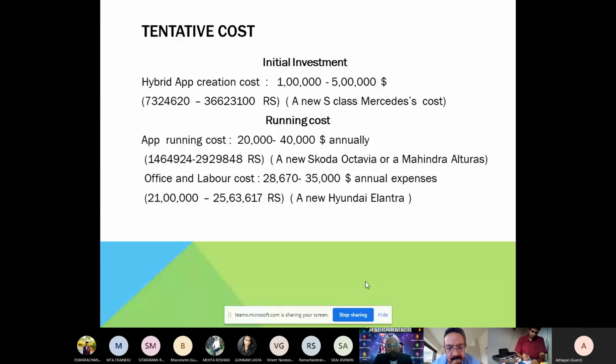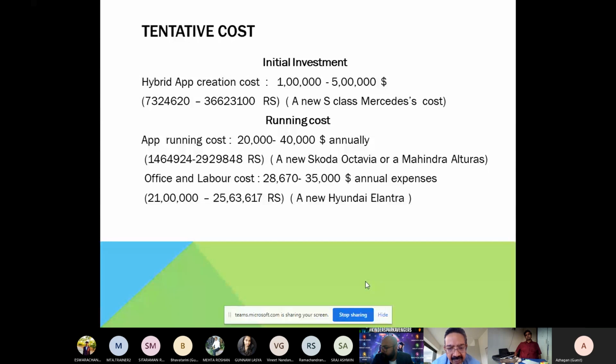And the running cost, the app running cost, like maintaining the server, etc., would cost around $40,000 annually max. So again, that's just 29 lakhs, which is quite less for an app. And then the office rental, the labor, I mean the salaries we pay, the coffees that everyone drinks, costs around $35,000 annually. So that's what this breakdown is about.